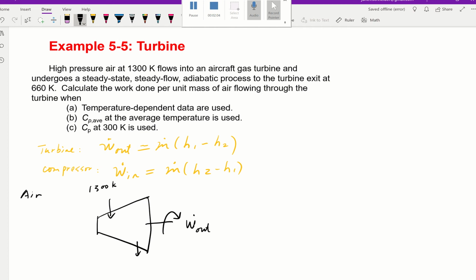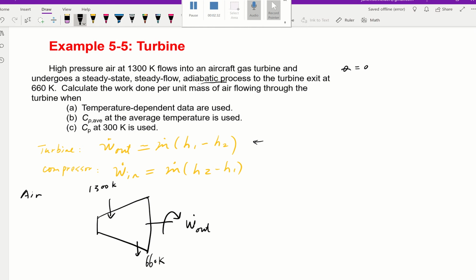Then it goes through steady flow, which we'll assume for all of these open system devices, which means it does not change over time, and adiabatic, which means there's no heat transfer, right? Q equal to 0. We made that assumption when we arrived at those equations here. And the exit is at 660 K, that's the outlet temperature.